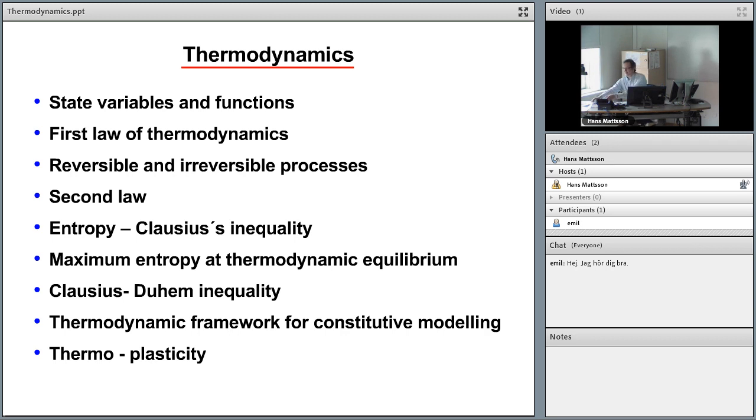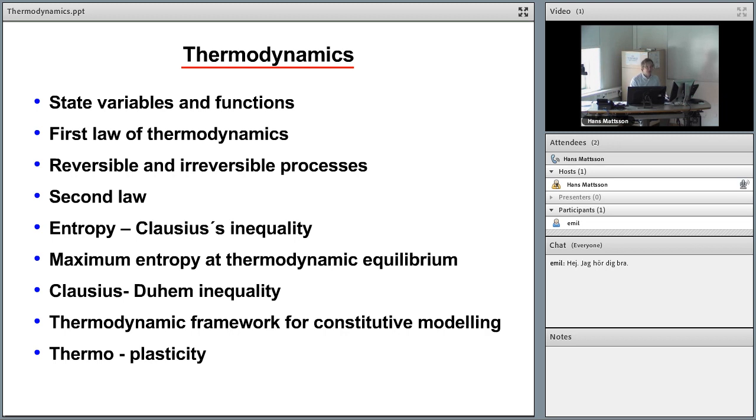If we look at this part of the course in your course book, everything begins at chapter 20 with basic principles of thermodynamics.